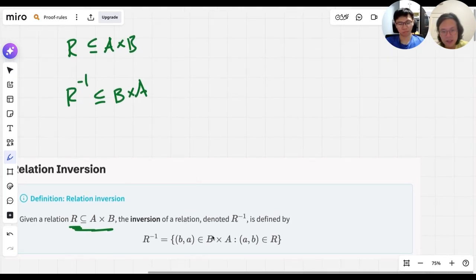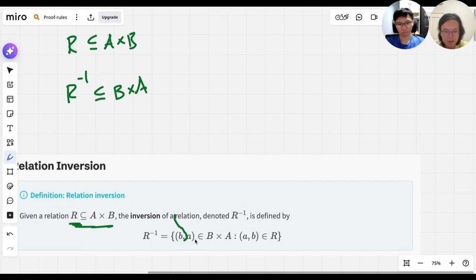Your new set is B comma A, which comes from B cross A, if the original pair that you got was A comma B.